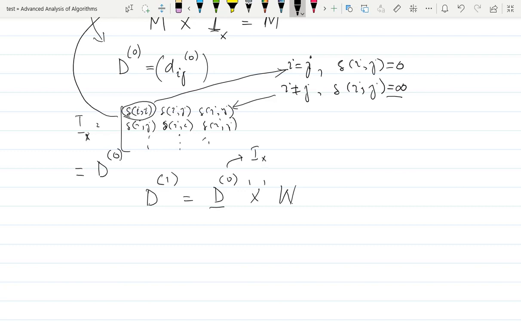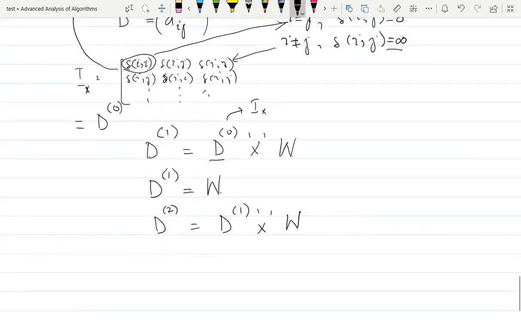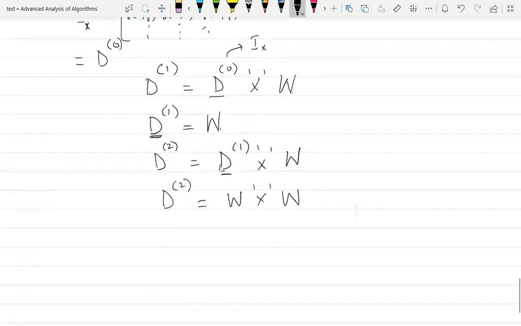So by multiplying it with w, d1 should be the same as the edge weights matrix which we defined before. If I want to calculate d2, this is equal to d1, this funny multiplication, multiplied by another w. So this is equal to w because of this. So d of 2 is equal to w, this funny multiplication w.